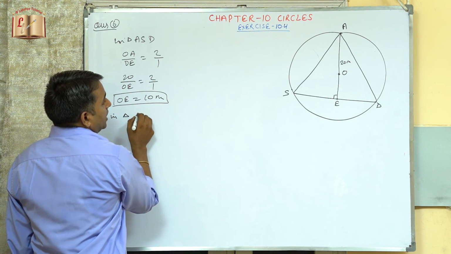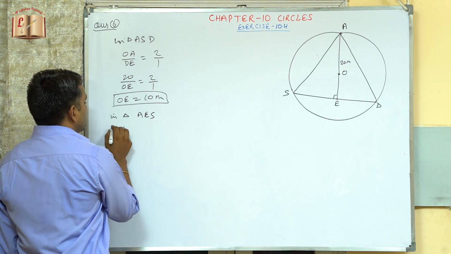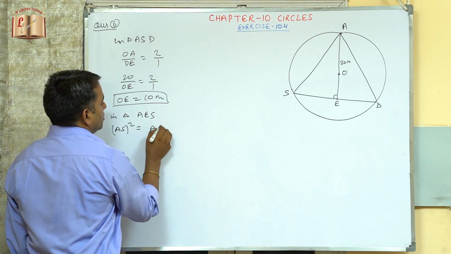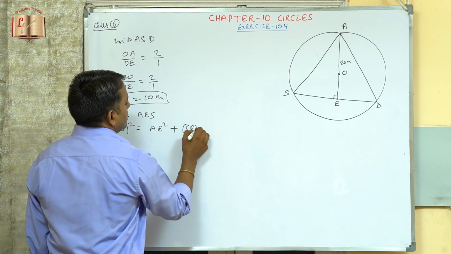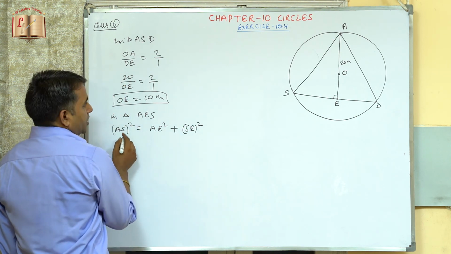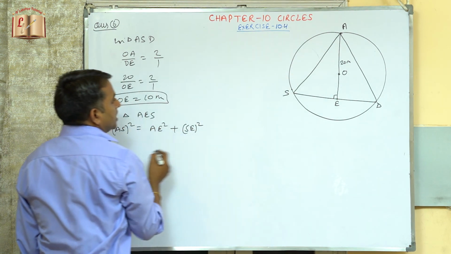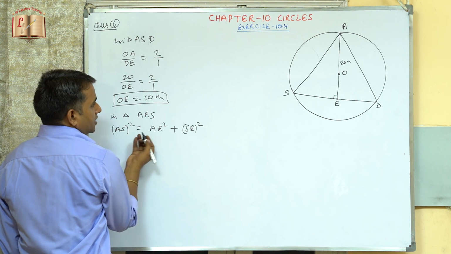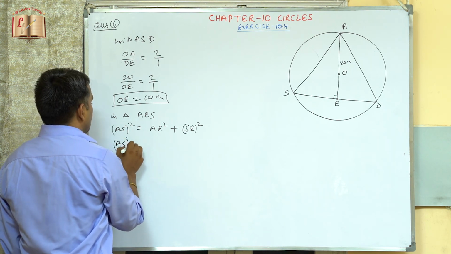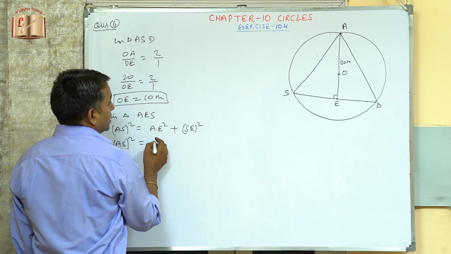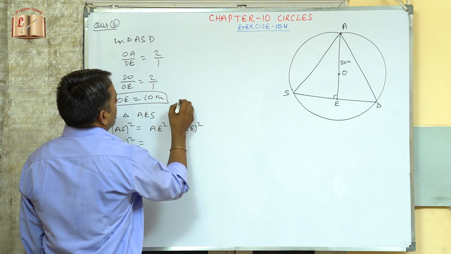So in triangle AES, using Pythagoras theorem, AS square will be equal to AE square plus SE square. Because all these sides are equal, we can write AS square in terms of AE.